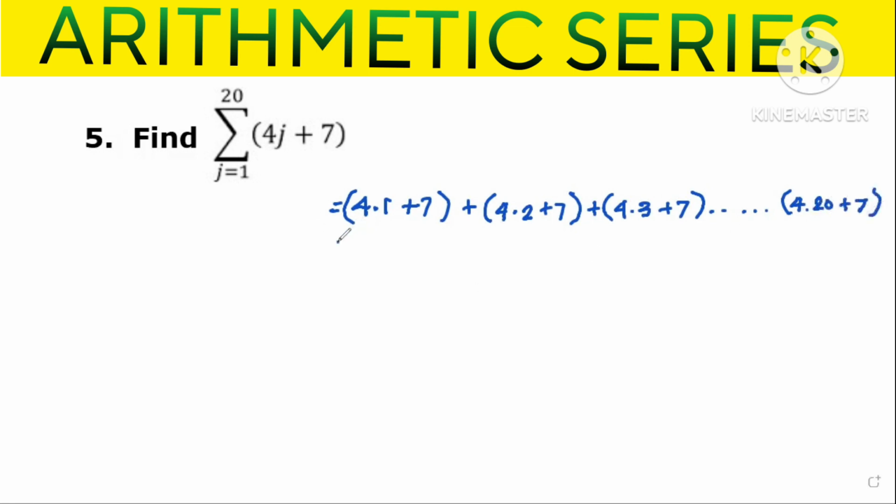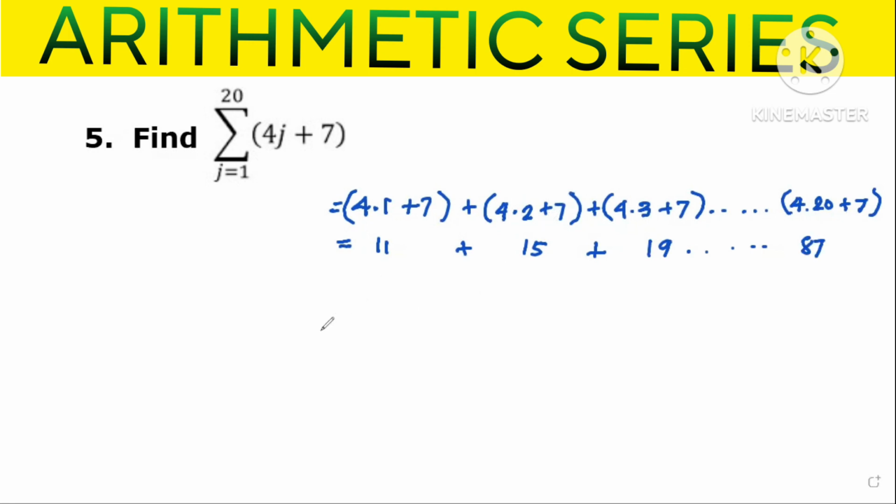So we have 4 times 1 is 4 plus 7 is 11 plus 4 times 2 is 8 plus 7 is 15 plus 4 times 3 is 12 plus 7 is 19 dot up to 4 times 20 is 80 plus 7, 87.